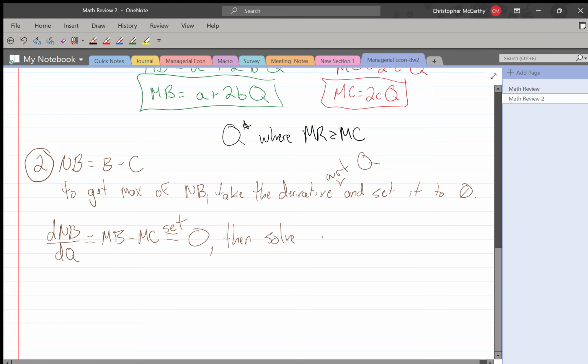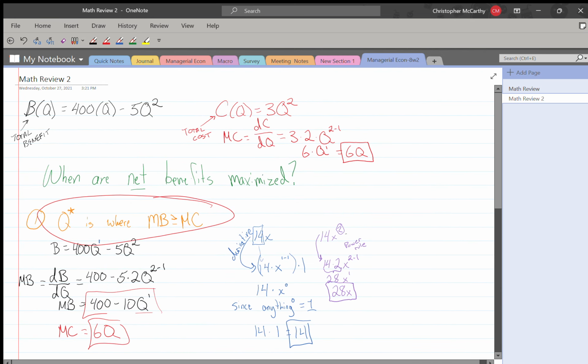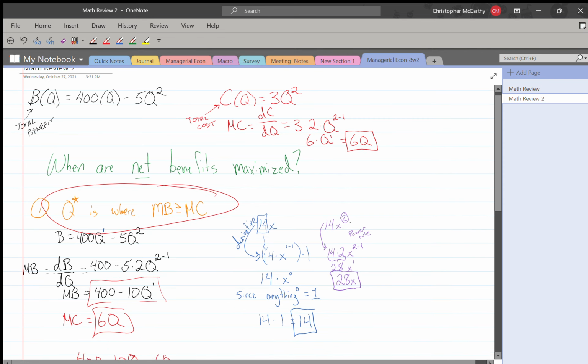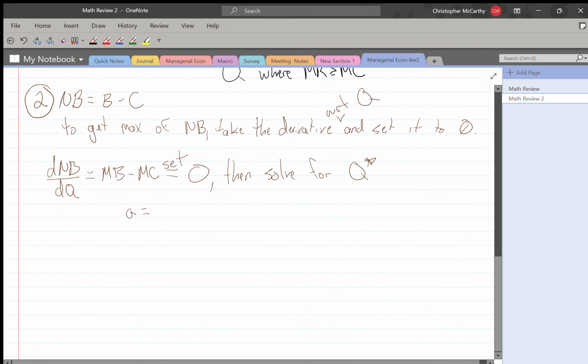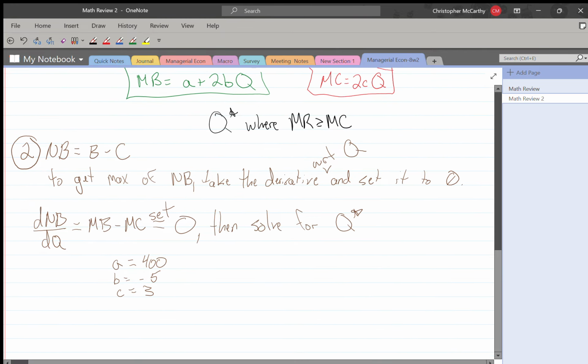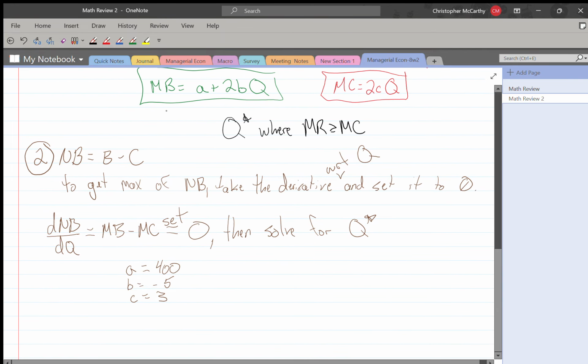solve for Q star. And so using our shortcuts here, we're just going to figure out what A and what B and what C is. So in this example, A is 400, B is -5, and C is 3. And so given that, we can skip all the calculus, we can just use our shortcuts.